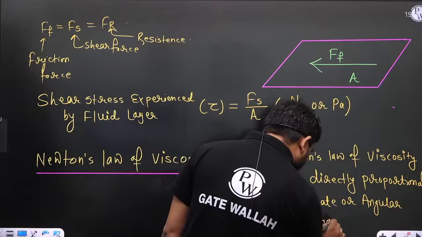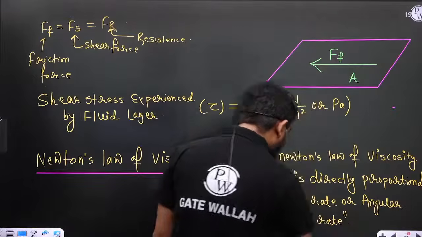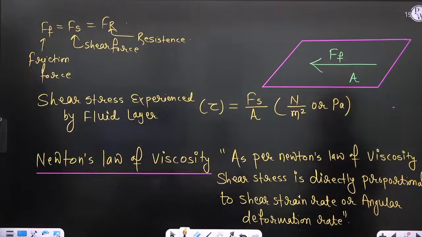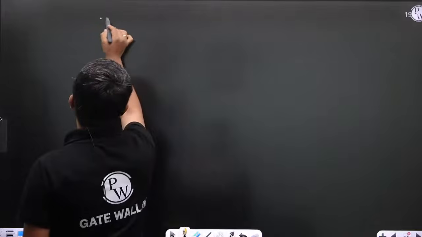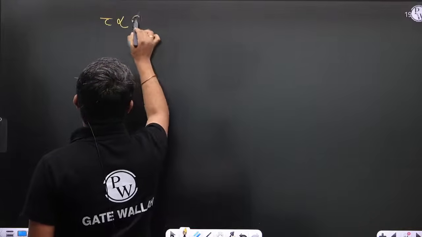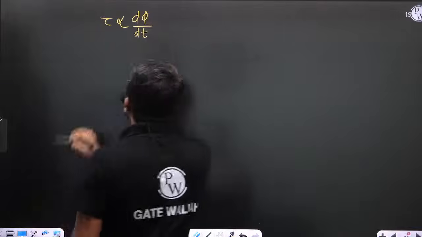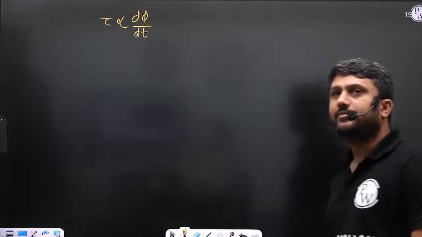The shear stress is directly proportional to angular deformation rate, right? So we can say that tau is directly proportional to d phi by dt.